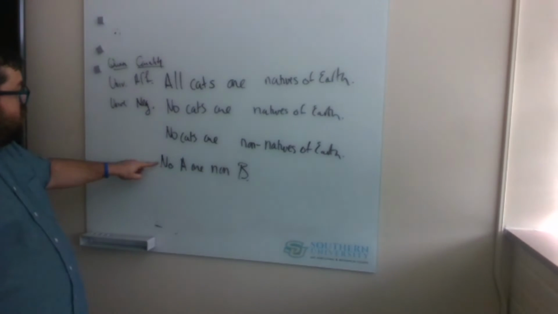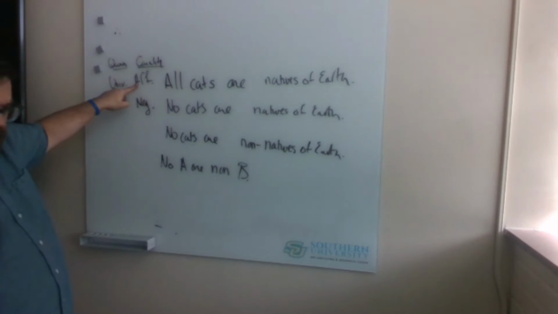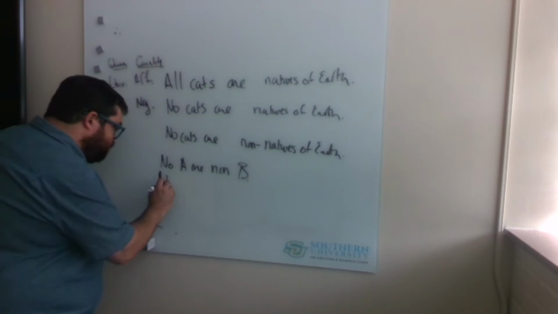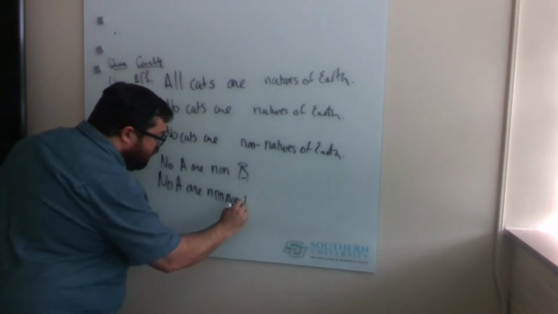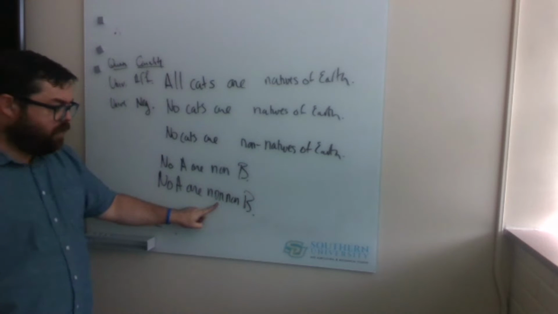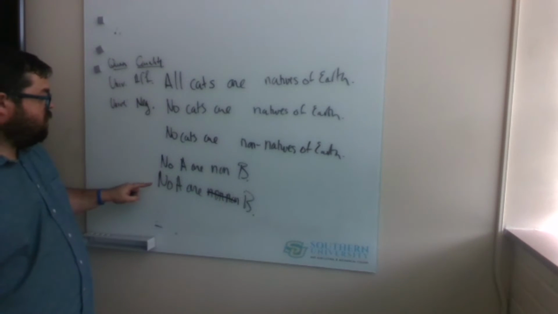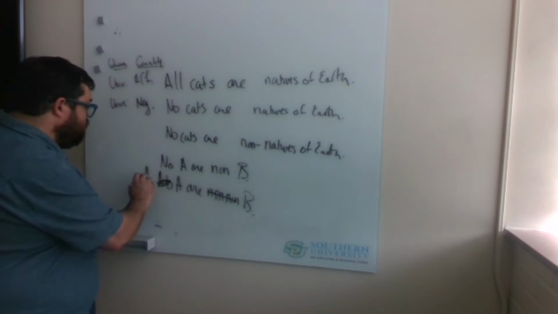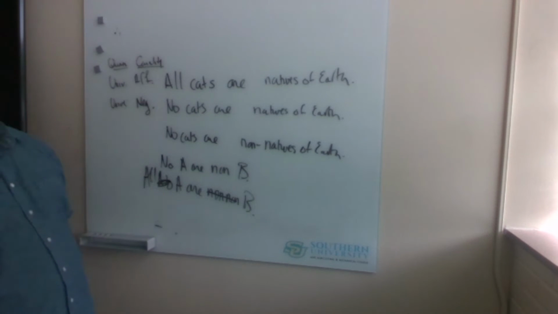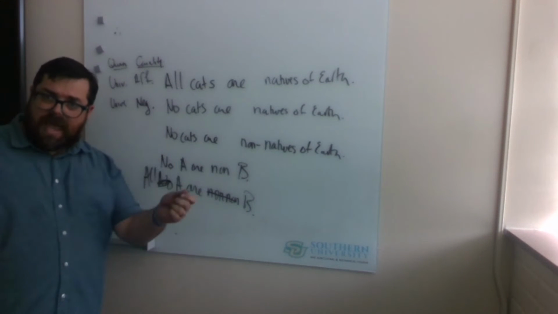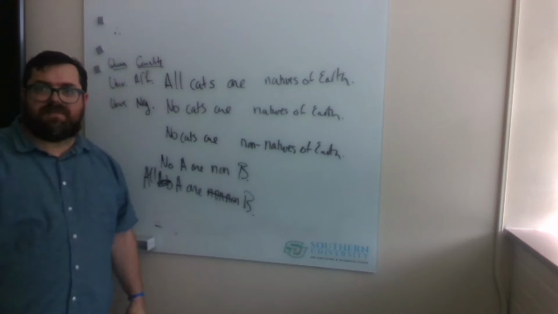The universal negative would become the universal affirmative, and then we'd add a non to non-B. You can think of the nons as canceling out, and you would get all A are B, which is what we started with, right?